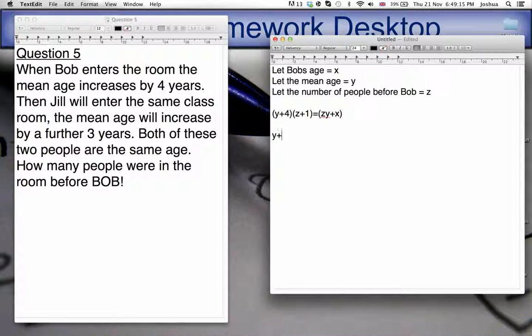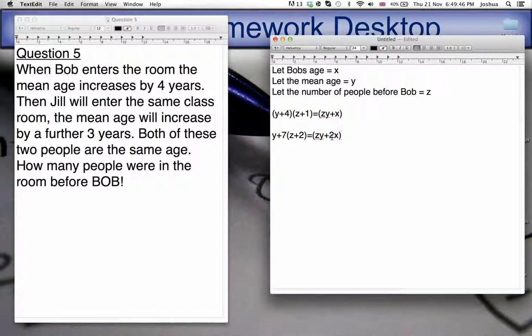It's going to be Y plus 7 times Z plus 2 people. It's going to be equal to Z times Y plus the 2 ages of them. So these are your two equations, guys. We've got 3 variables, 2 equations going on.